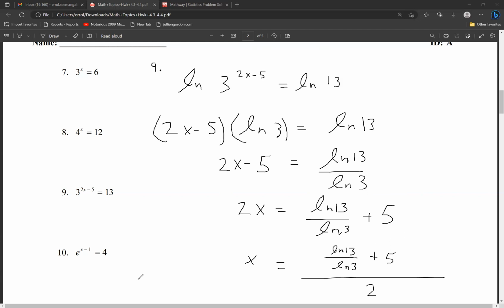And this equals to what? Is that the final answer, or do we have to continue? Work it out, we'll find the decimal. Work this out, then add your 5, then divide by 2.